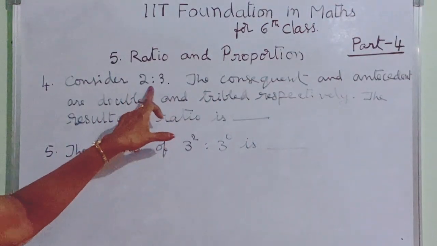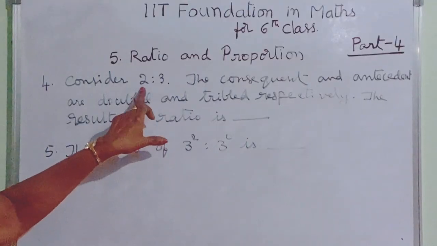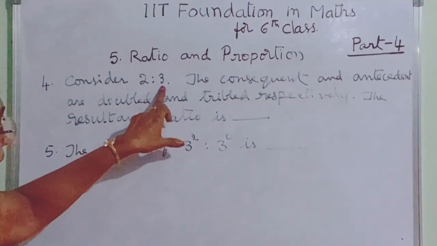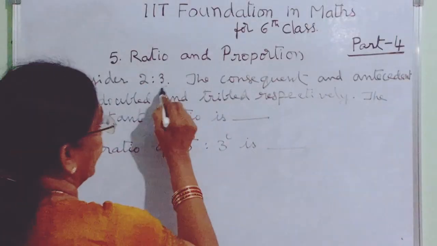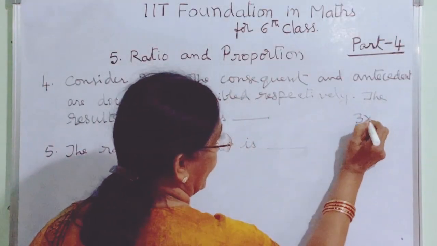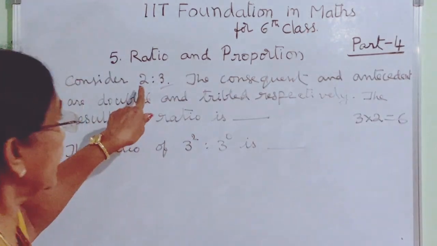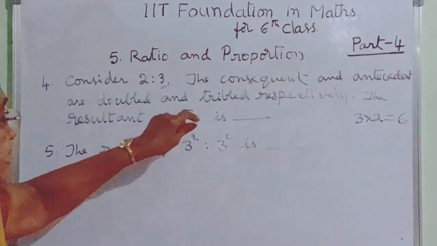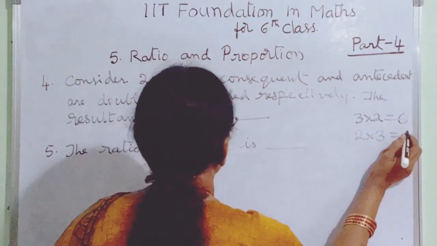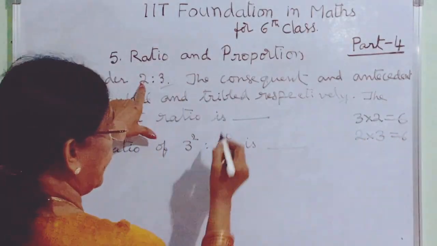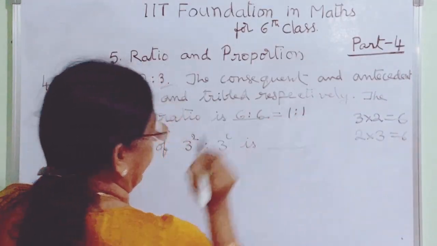In a ratio, the first term is called the antecedent and the second term is called the consequent. Here the consequent 3 is doubled, so it becomes 6. And the antecedent, 2, is tripled, so it is 6. Therefore the ratio becomes 6:6, that is equal to 1:1.